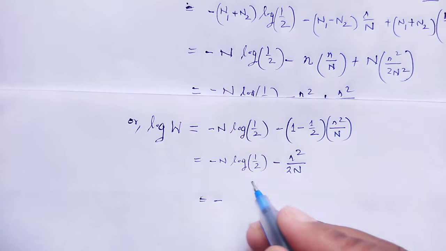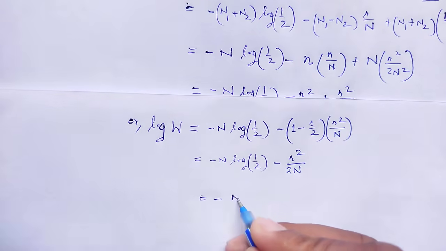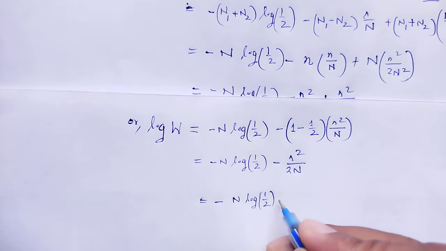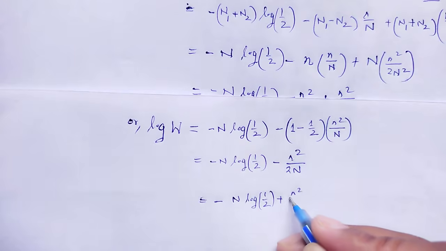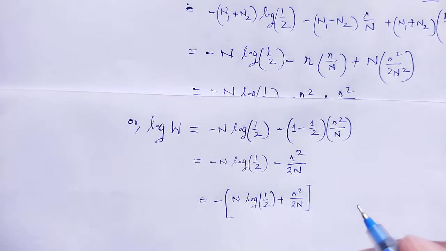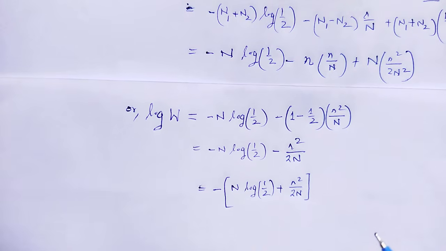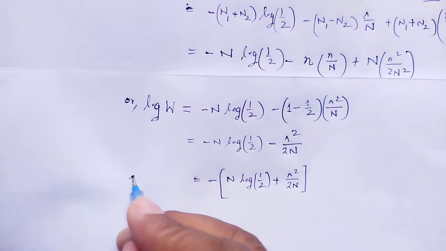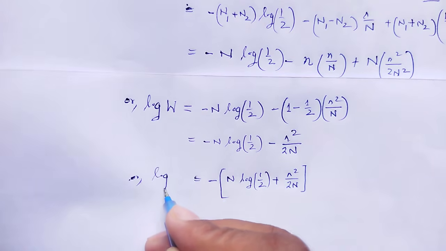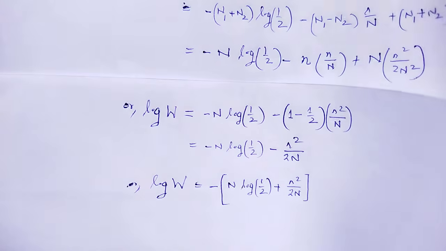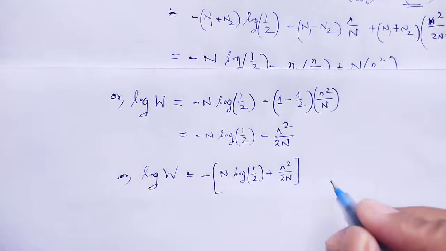Negative minus common, n log half plus n square by 2n. This is the value for log W. At equation number it will be 6.